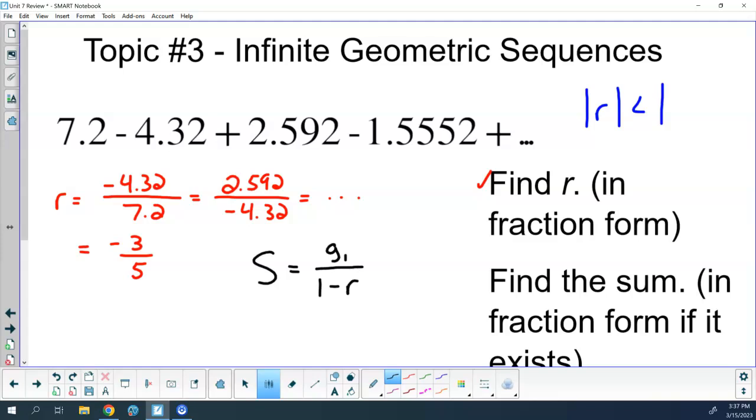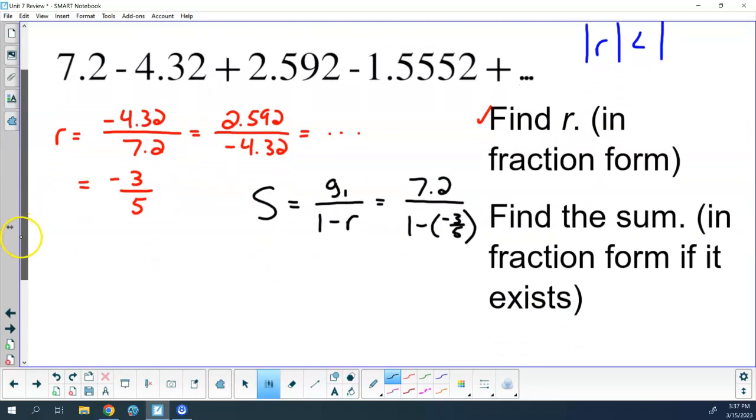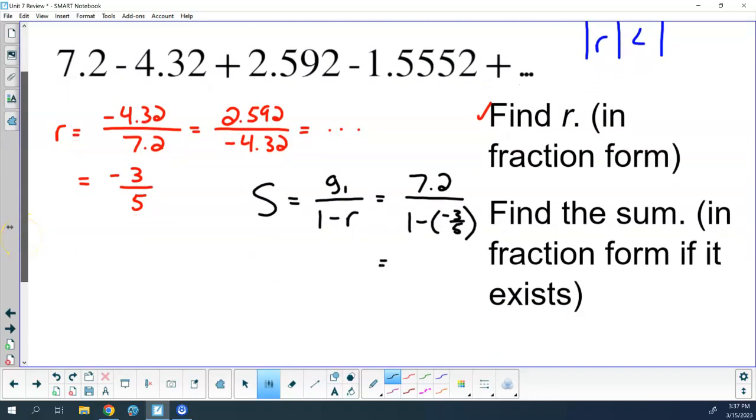Well, my first term is 7.2. 1 minus negative 3/5 is like 1 plus 3/5. So this would be 7.2 divided by 8/5. And I would get there then 4.5.